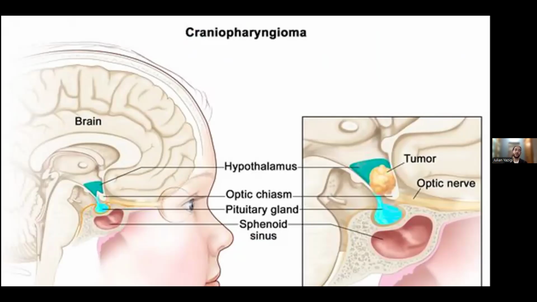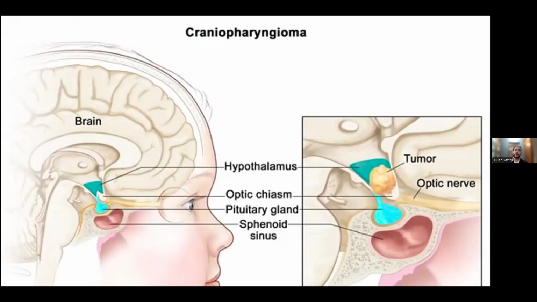While gross total resection offers potential cure, it does carry a high risk of hypothalamic injury in tumors with hypothalamic involvement. Therefore, a more conservative approach, like subtotal resection followed by radiotherapy, is often favored in such cases. For papillary tumors, targeted therapy with BRAF and MEK inhibitors represents a significant advancement.